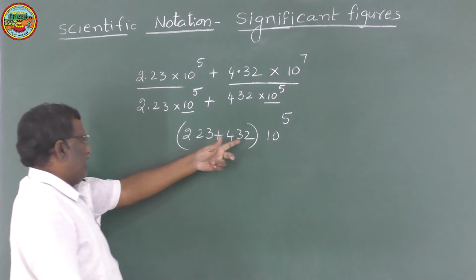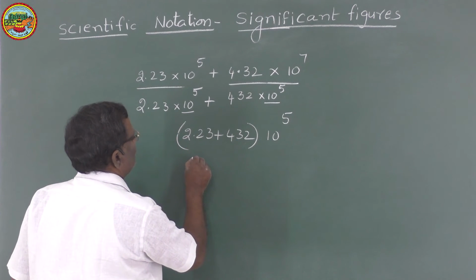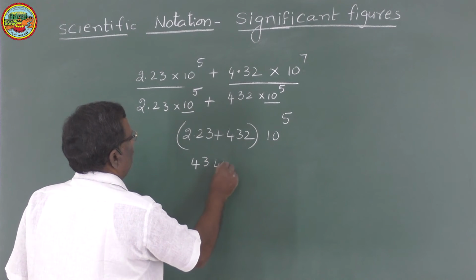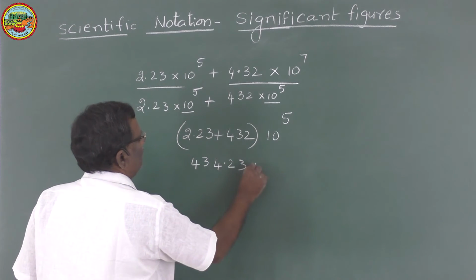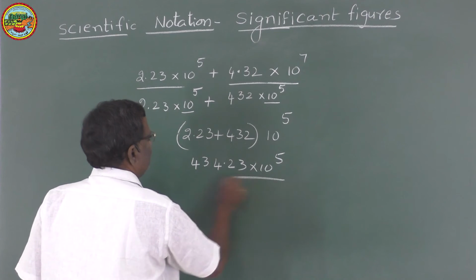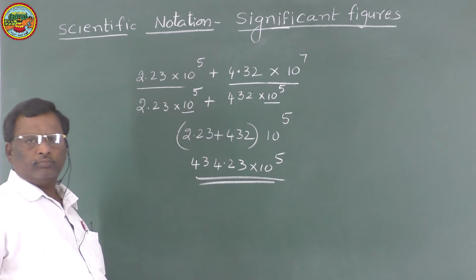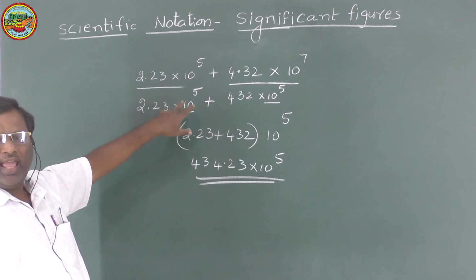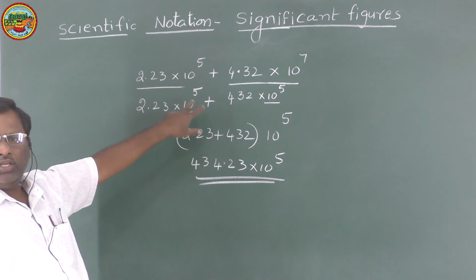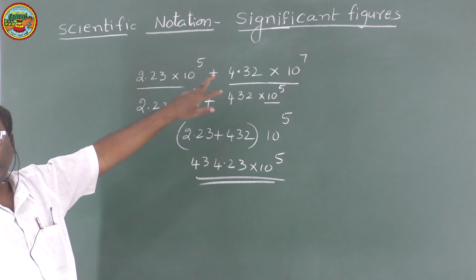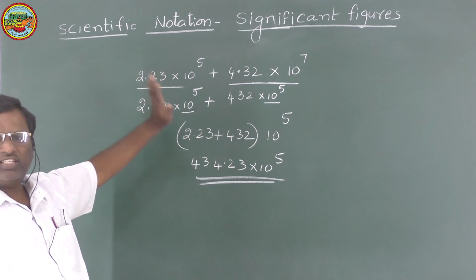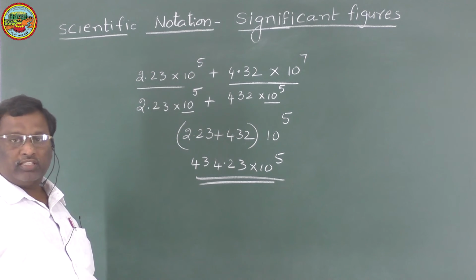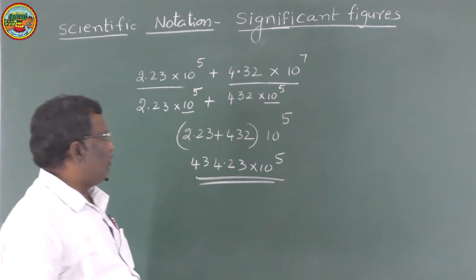Now simply you can add these two numbers so that you will get 434.23 into 10 to the power 5. So if two numbers are added with different powers, it is essential to equalize the powers first.